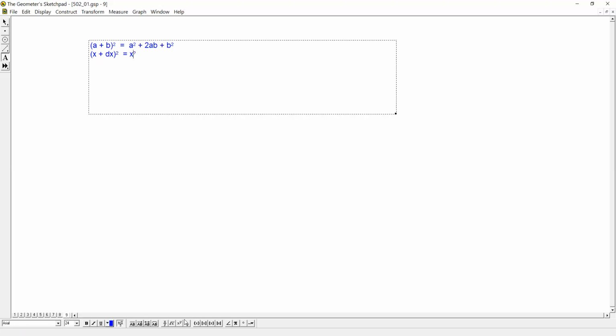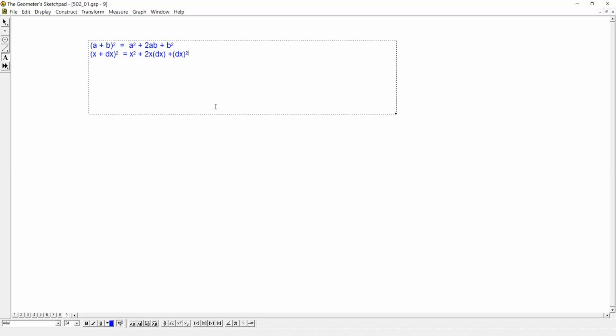Plus 2x delta x. Correct. So it will be x squared plus 2x delta x. This delta x, the whole thing is one value. You cannot separate the delta and the x, okay? Then plus delta x squared, correct.